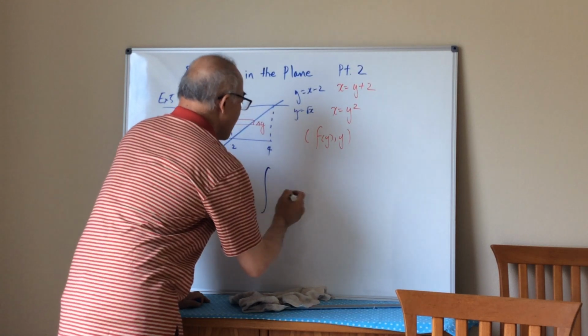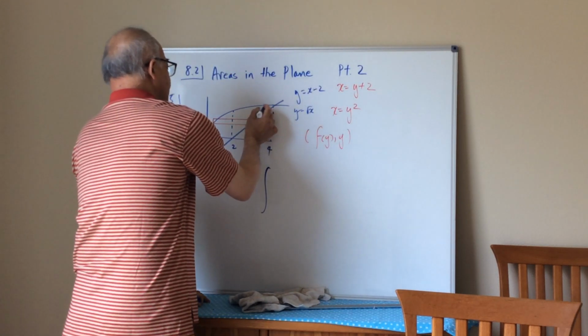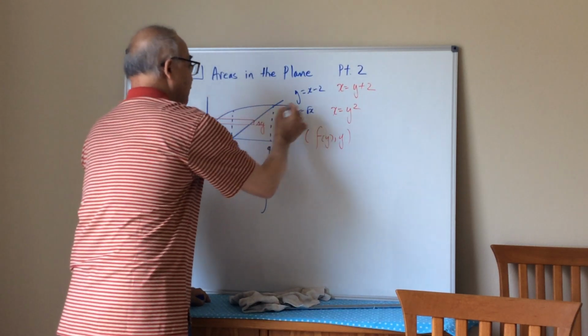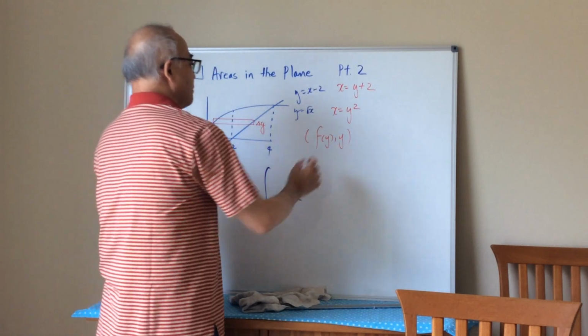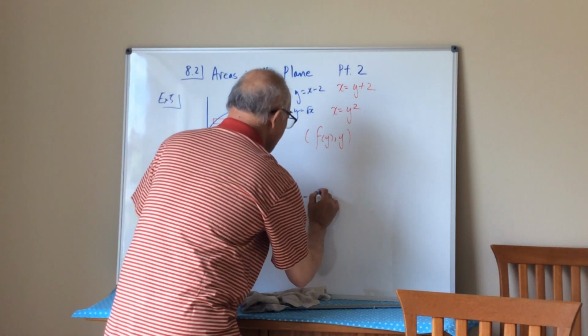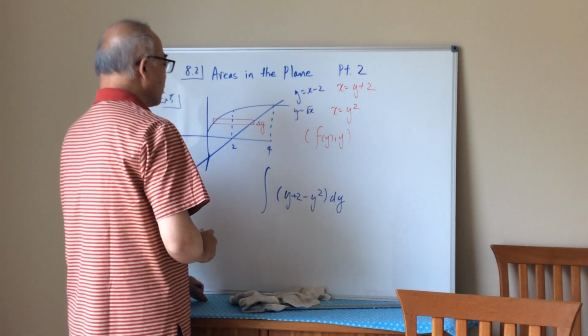All right. So this function now becomes this entire thing, dy. This is the top function, y plus 2, and the bottom function is that guy, so I'm going to subtract that. It's going to be dy, except y is going to go from where to where?